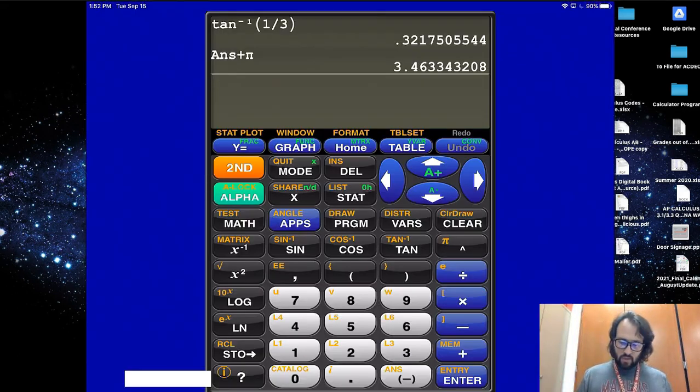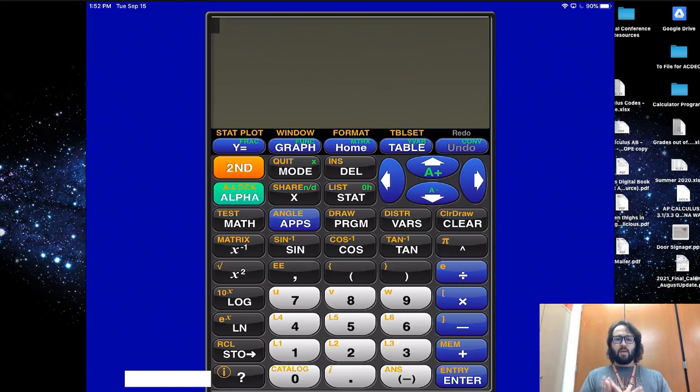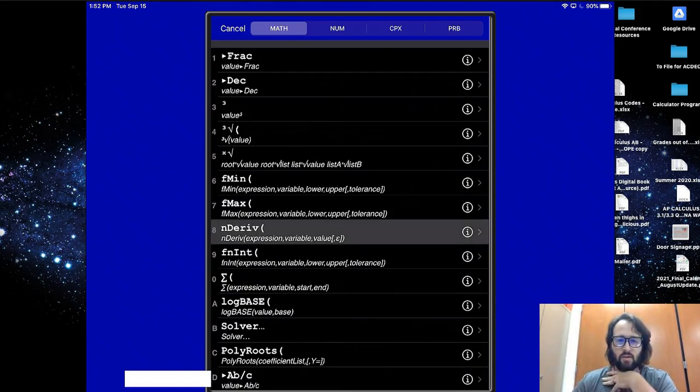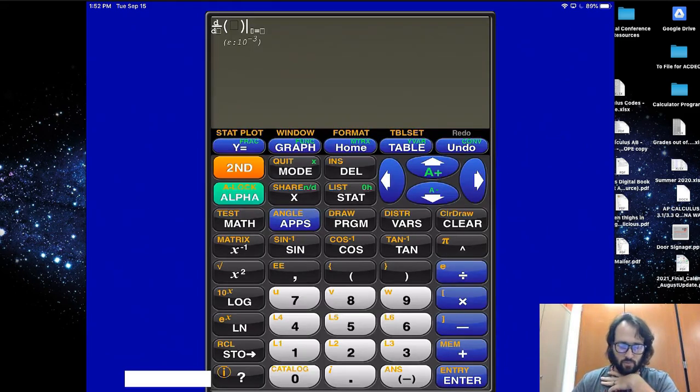Something that your calculator has is a derivative function. If you go to math, you have nderiv, this number 8 right there. That numeric derivative is saying the derivative of the expression with respect to the variable at a value, and don't worry about that last part. So d over dx, and I want to do it of y1, because that's where I put it.